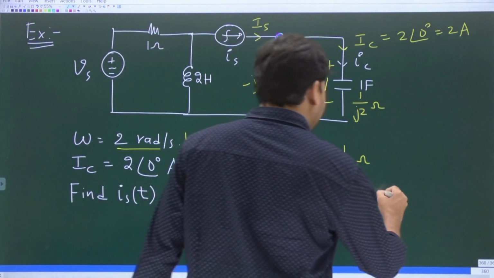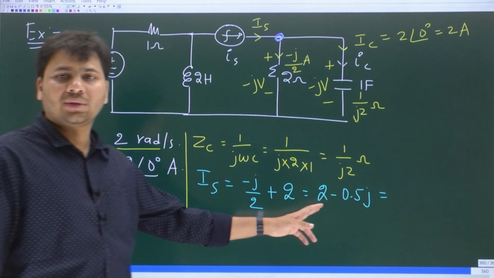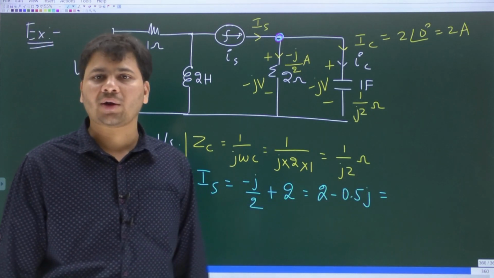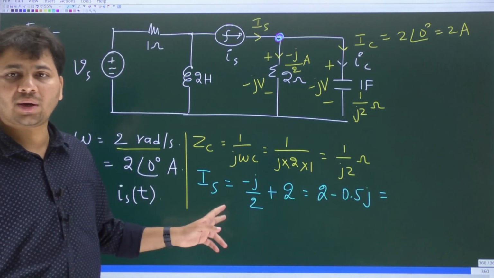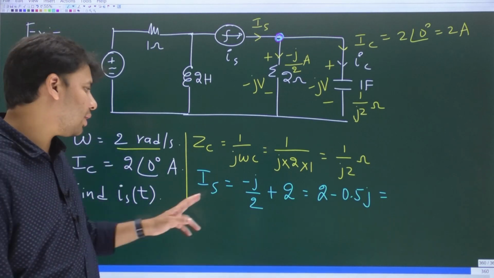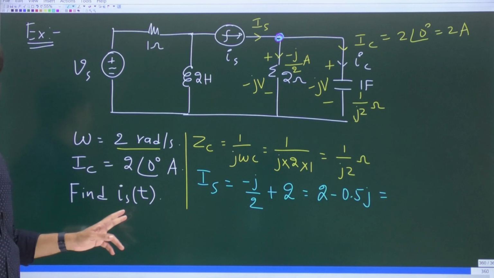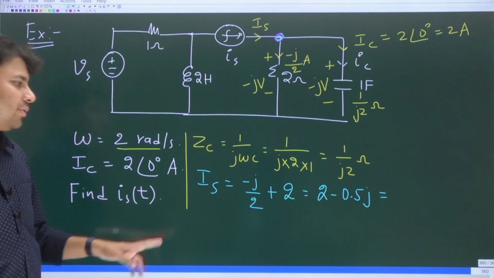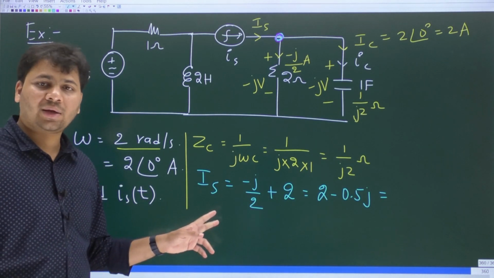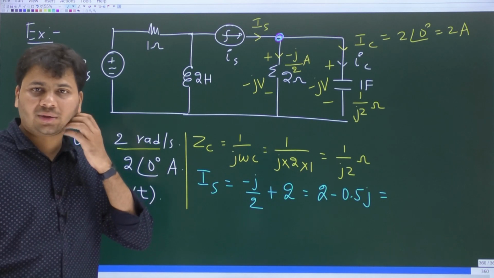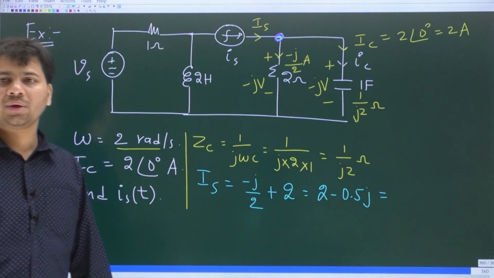Okay, you can easily express the same complex number in its polar form, so that you will get capital Is in the polar form. Because the ultimate goal is to write Is as a function of time. Once you have capital Is in the polar form, phasor current in the polar form, you can go back to time domain.